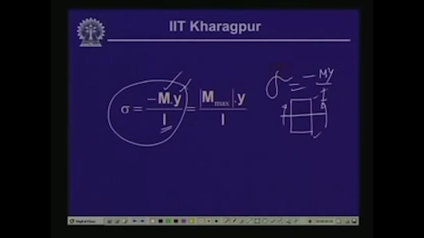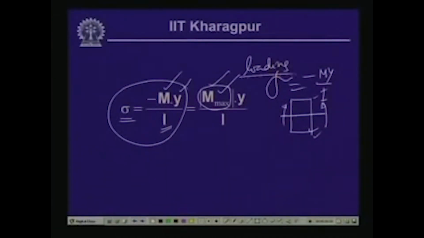Hence, forgetting about the sign, we have written it as the absolute value of the maximum bending moment times y by I. From this expression, sigma is the stress which is allowed in this member, a material characteristic. That means if we know the allowable stress of that material, then we know the stress limit of that section.